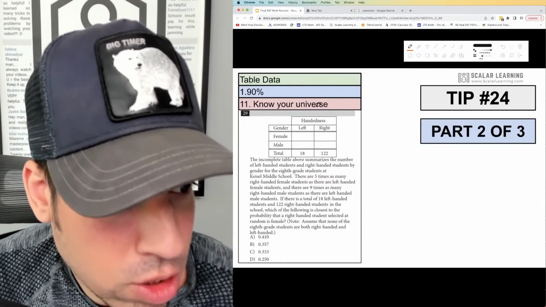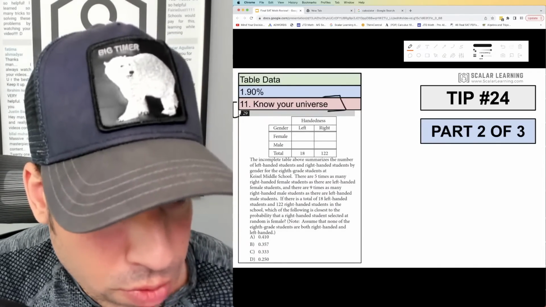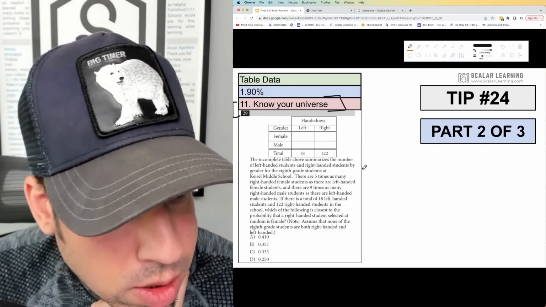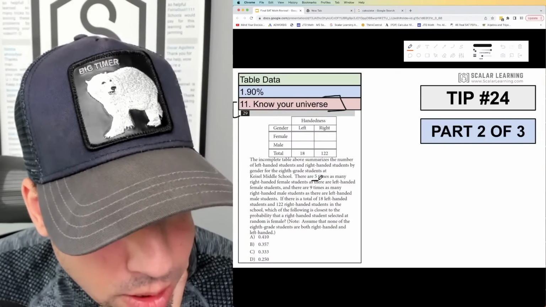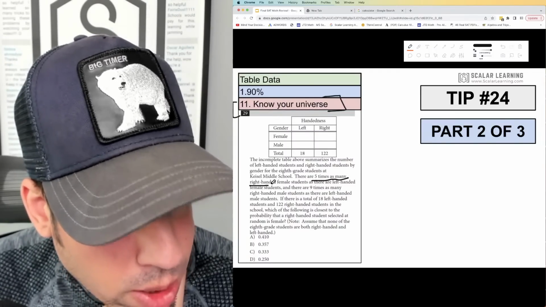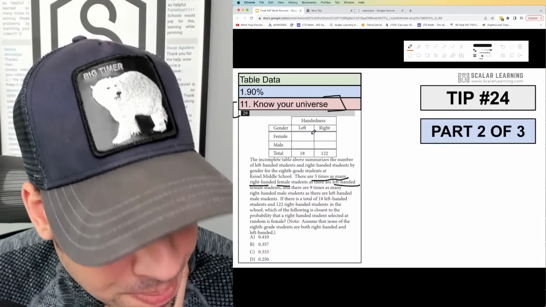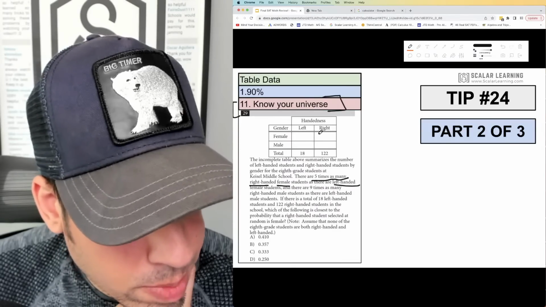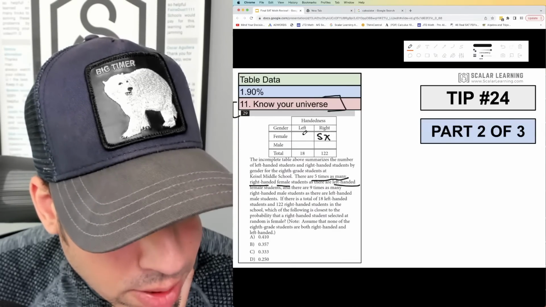All right, this one, know your universe for table data. The left table, so I'm going to show you what I mean by that. So as we read this through, again, underlining the numbers, there are 5 times as many right-handed females as there are left-handed. And I can write that in, right? 5 times as many right-handed as there are left-handed.